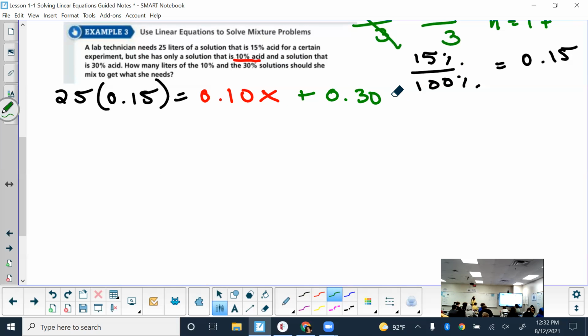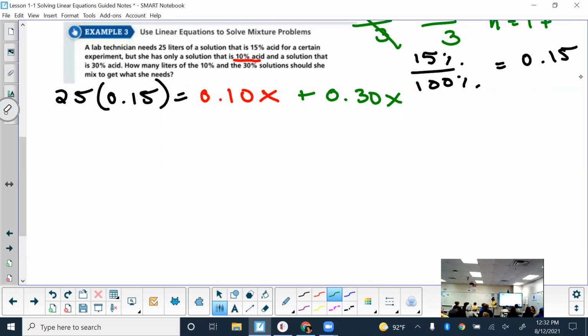All right, now I don't know how much I need of the 30%, but I don't want to make it a different variable, right? Because then how am I going to solve it? I also don't want to make it x because it doesn't say that it's equal parts of each solution, right?